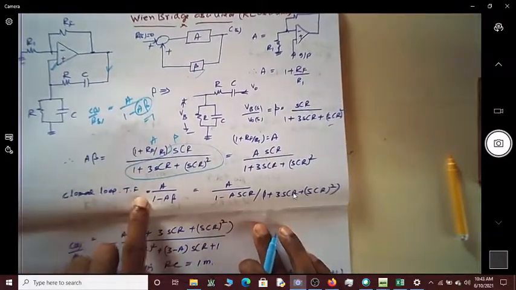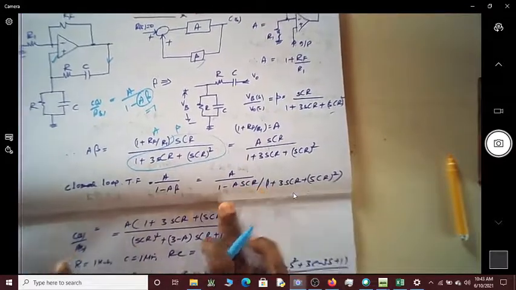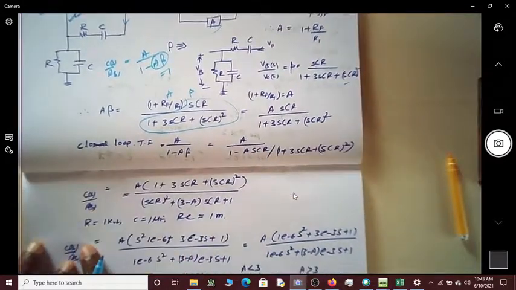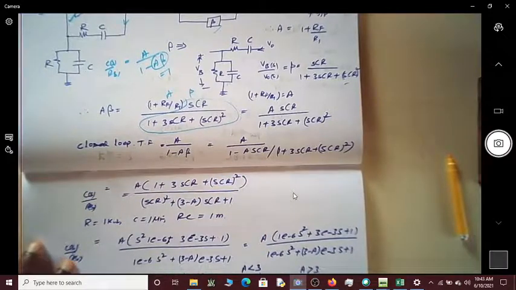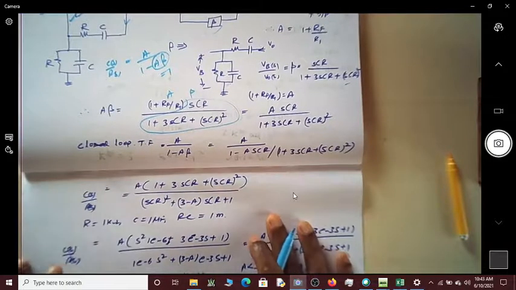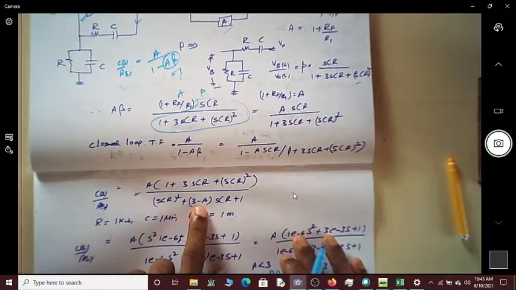Of course, this is the closed-loop transfer function. So you can write it this way. And finally, the closed-loop transfer function CFS by RFS looks like this particular equation. Let us try to understand how this behaves as the value of A changes.